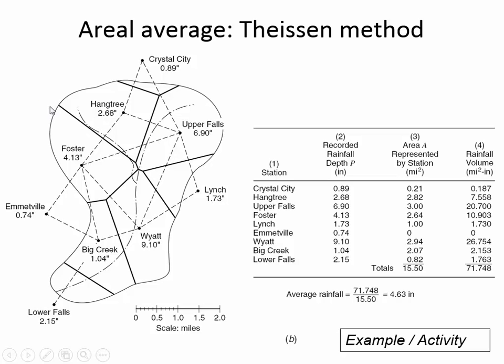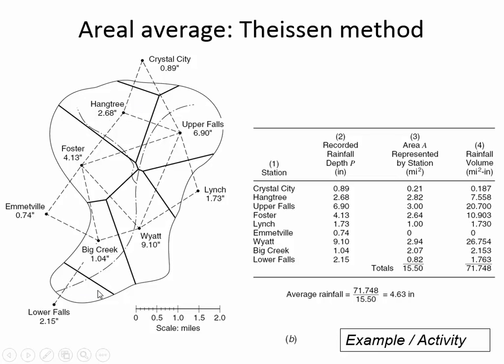Foster and Hang Tree has a line that we could draw, and then those two lines intersect, and you basically are drawing lines all around. This area corresponds to what we would say is Hang Tree's influence. That rain gauge, everywhere inside this boundary, is going to be assigned the depth of 2.68 inches.